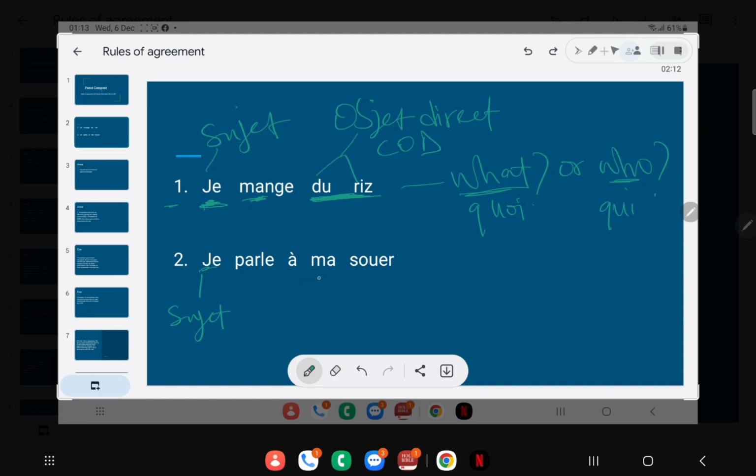And then here, ma sœur is the COI. L'objet indirect, or the complément d'objet indirect, answers the question à qui or pour qui. That is to say, to whom and for whom.